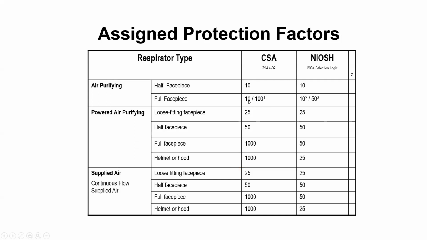So if a full phase respirator was fit tested with qualitative smoke, sweet or bitter solution, assigned protection factor is 10. However, if a full phase respirator was fit tested on the user using computerized equipment, Quantifit or Portacount, the most popular ones, assigned protection factor is 100.